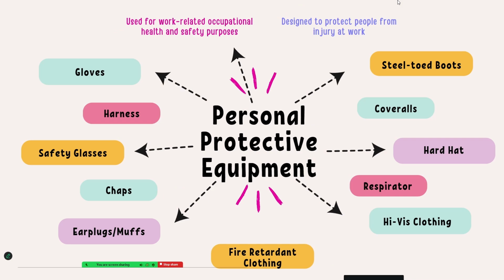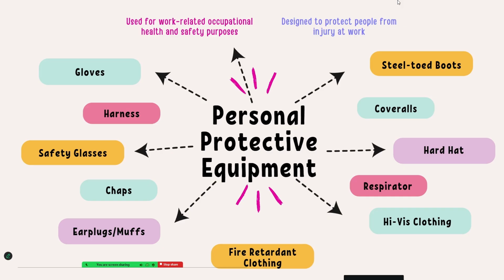Jumping into personal protective equipment is going to wrap up the end of lesson 10. Personal protective equipment is designed to protect people from injury at work. Your job, what you come into contact with, and what you have to do as your daily tasks or responsibilities would determine the personal protective equipment that you require.